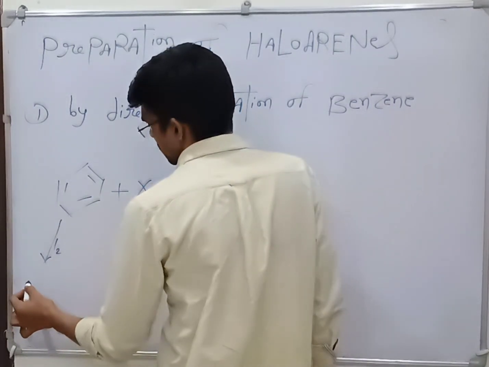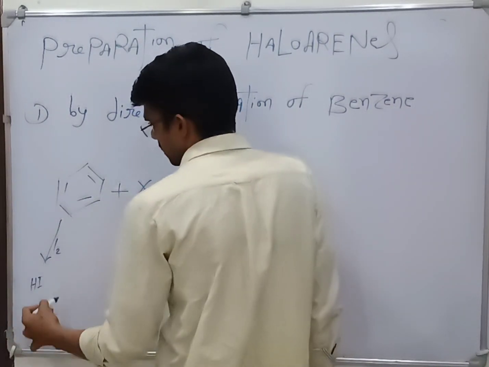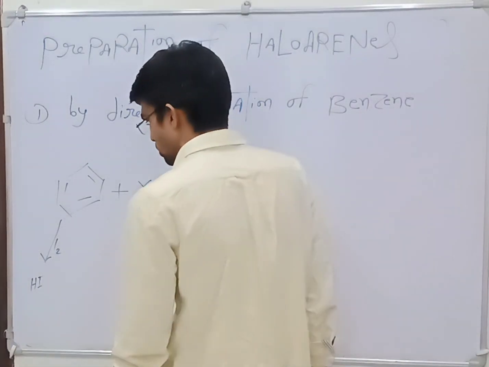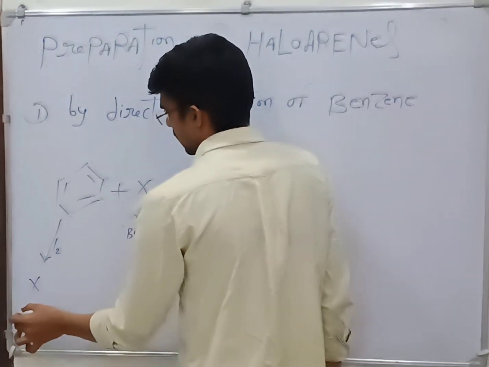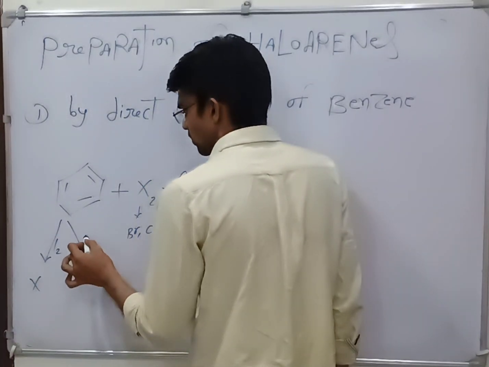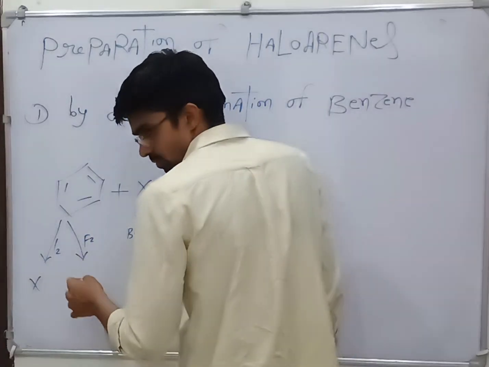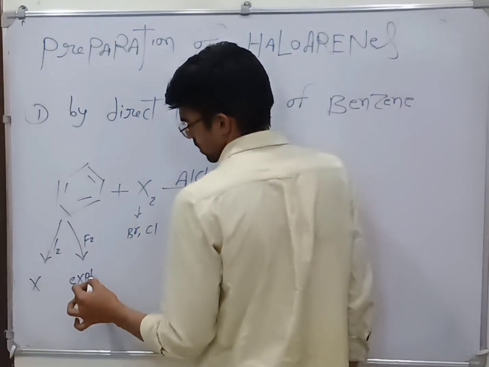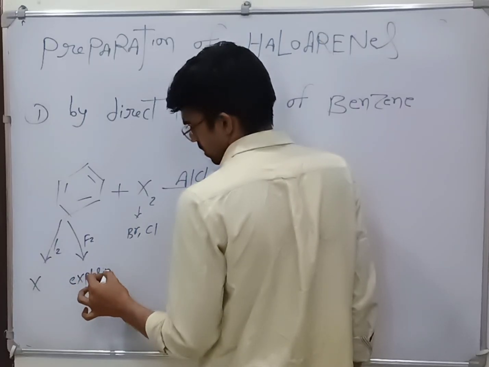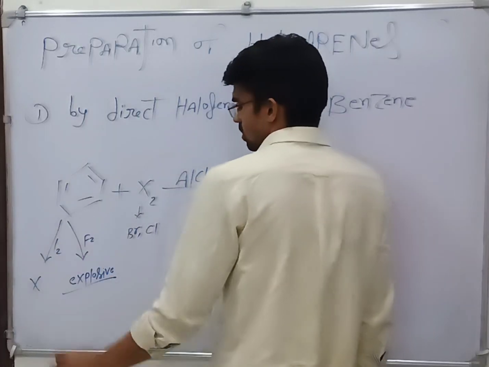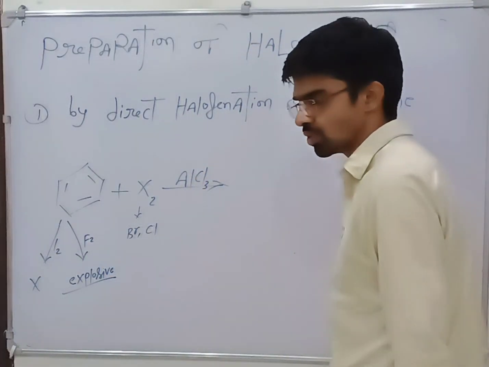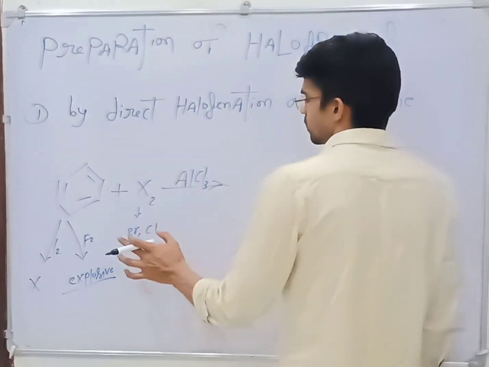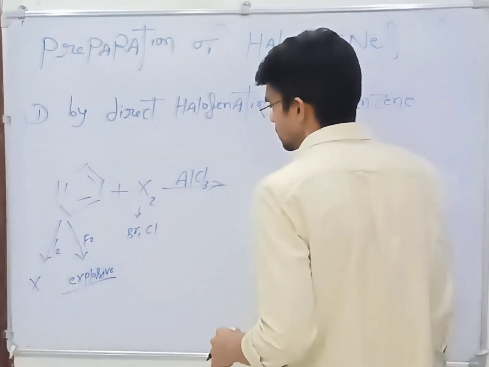then it will form some HI and it will give the reverse reaction. So we don't react it with iodine. And if we react it with fluorine, because fluorine is very explosive, it will give an explosive reaction. That is why we cannot react it with fluorine. So usually we react bromine or chlorine with the benzene ring.